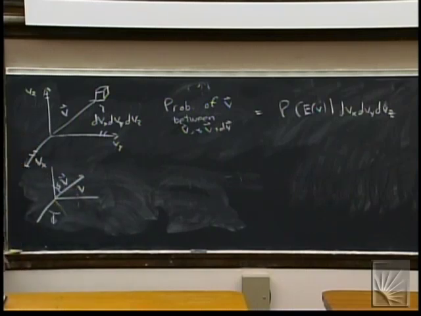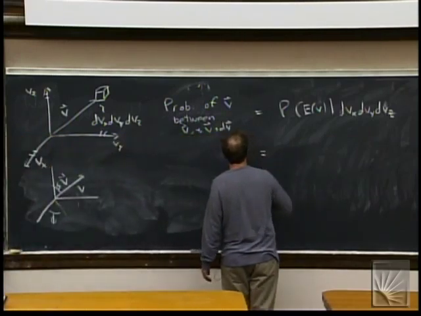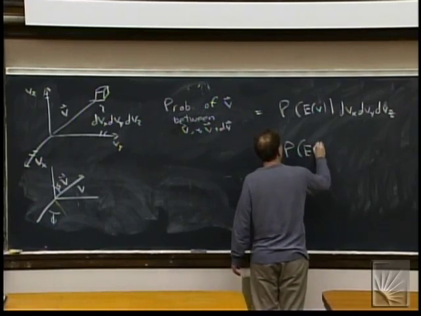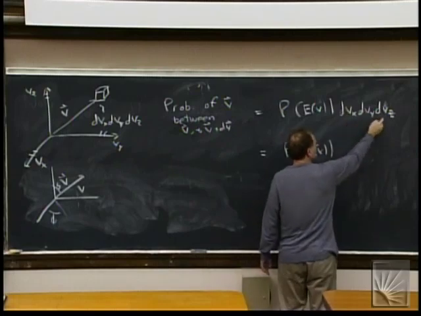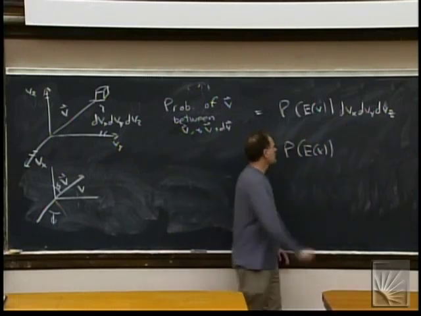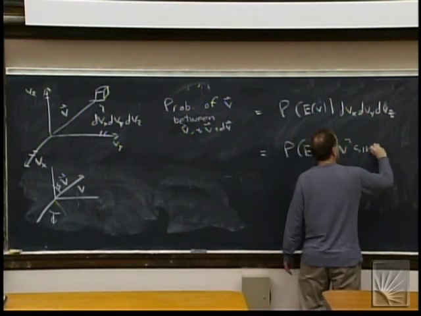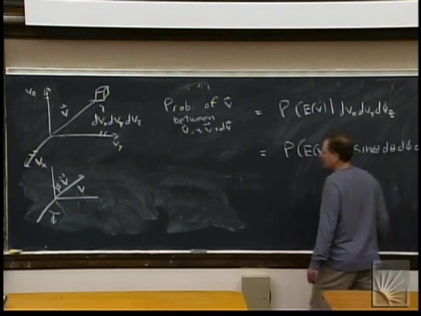And I did this before. This becomes p of energy of velocity, and the Cartesian version of that turns into, do you remember, v squared times sine theta, d theta, d phi, dv.